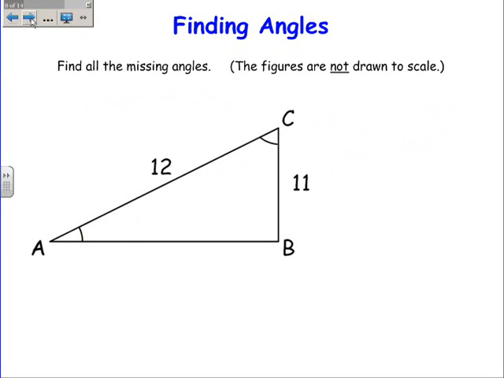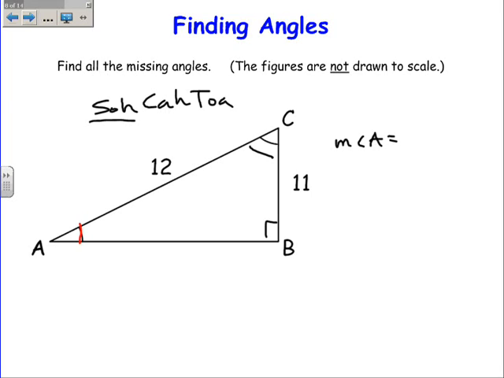Okay, one last example. Again, I'll look at angle A, and again, these angles are not the same, and this is a right angle. The measure of angle A equals... I know the opposite and the hypotenuse. And the ratio that relates hypotenuse and opposite is the sine ratio.